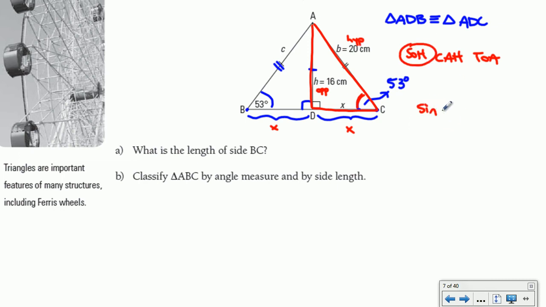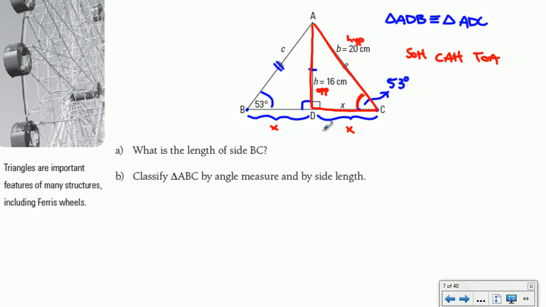So sine of 53 equals opposite 16 over 20. Hang on, that's not the right approach. Let me rephrase that. We need x. I was just about to make an equation that was going to give us nothing. Maybe I need more caffeine.